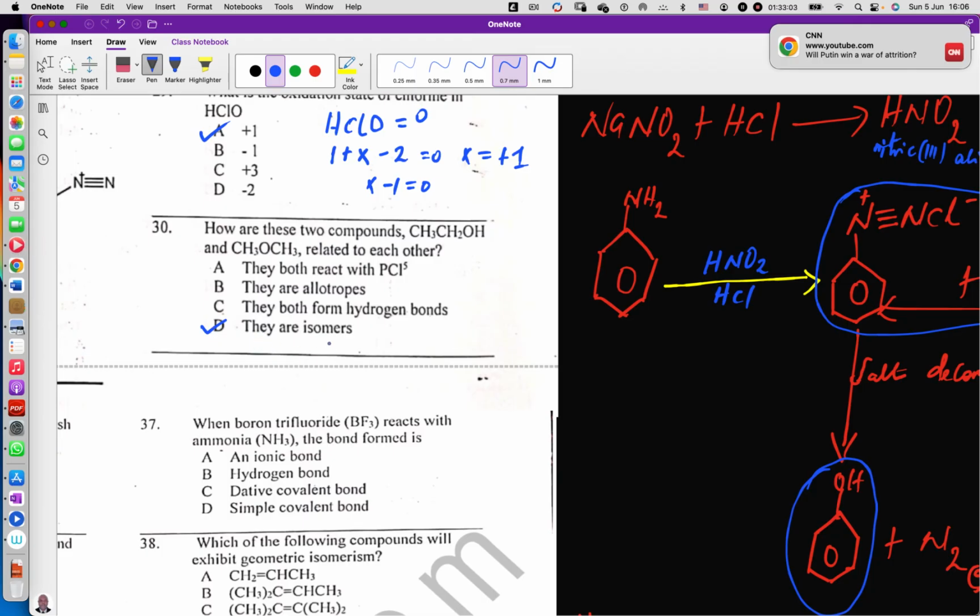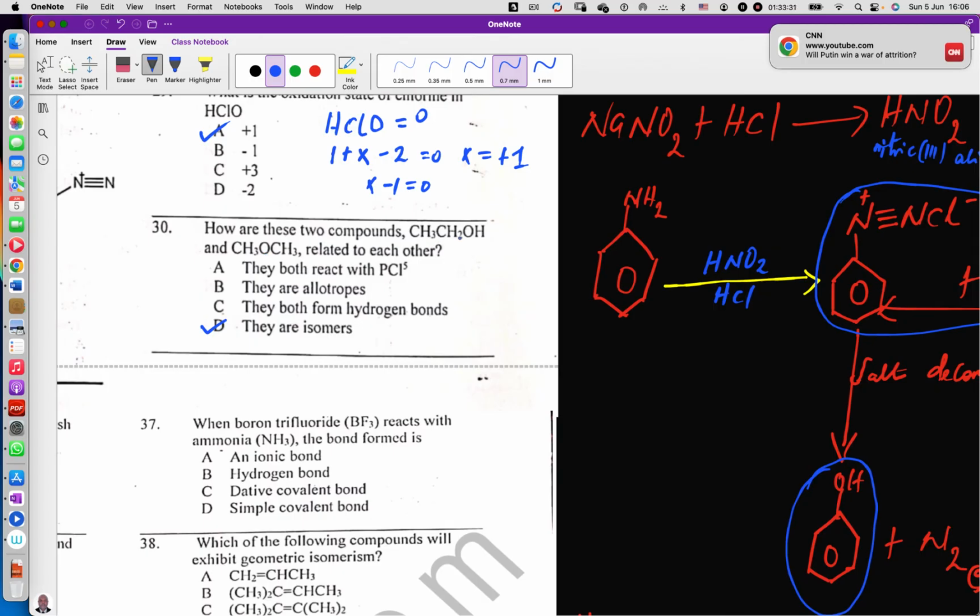And what is differentiating them, for purpose of revision? What is differentiating them is functional group isomerism. Methoxymethane is an ether, so it has an ether functional group.